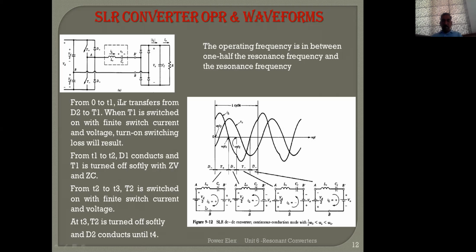So when T plus was on, the circuit was A, LRCR, V0 in the positive direction and goes to B, and this is Vd by 2. When D plus was turned on, D plus is showing the current, this Vd by 2, LRCR, but the current is flowing in the negative direction like this.